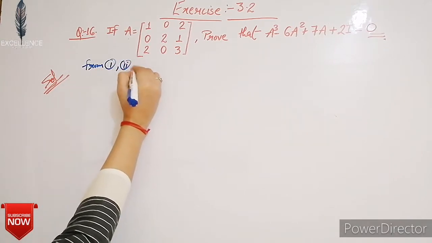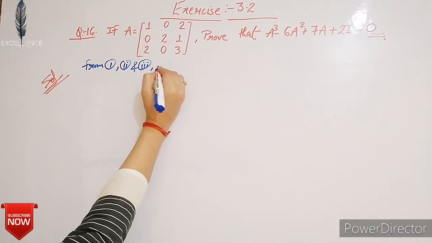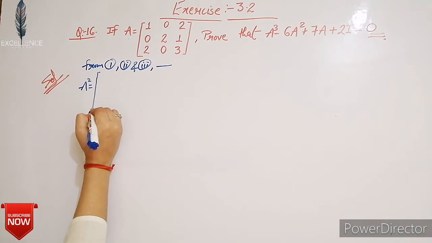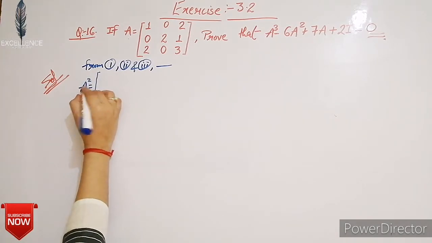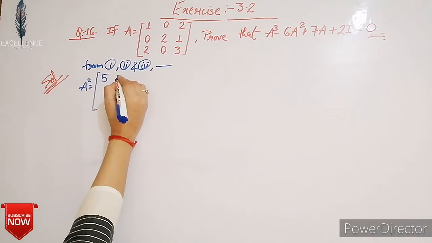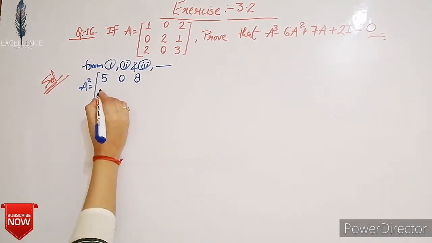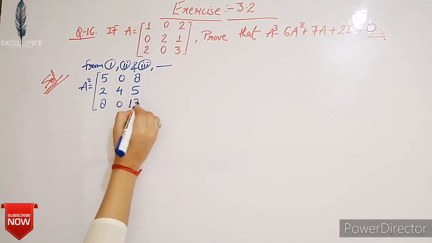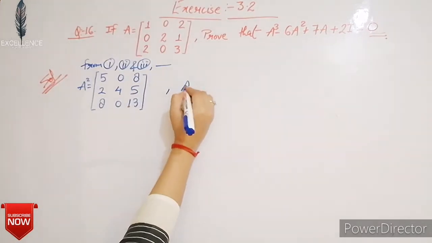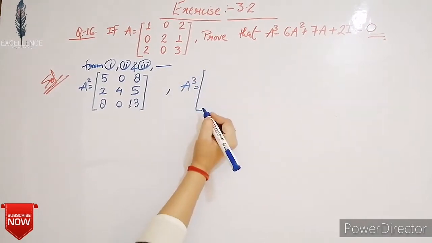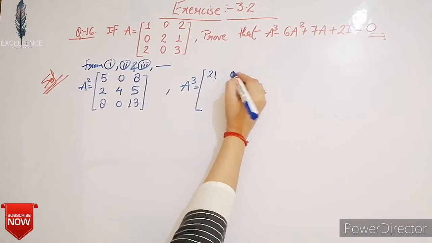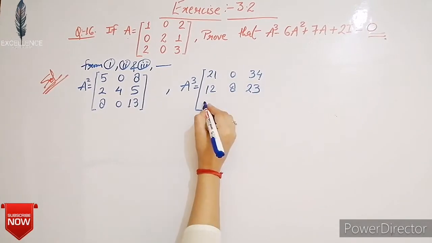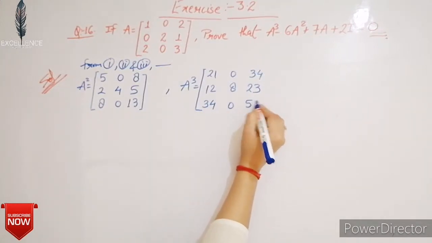From first, second and third, we have the values: A square is equal to 5 0 8, 2 4 5, 8 0 13. A cube is equal to 21 0 34, 12 8 23, 34 0 55.